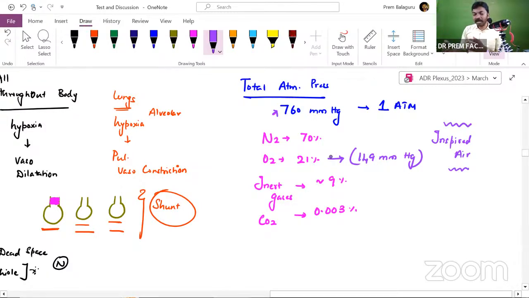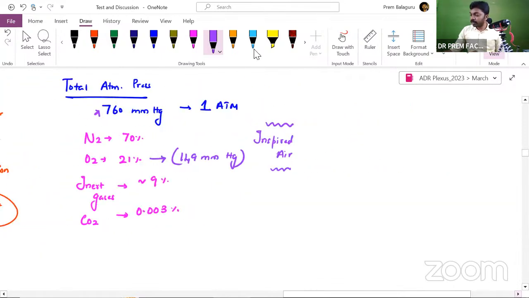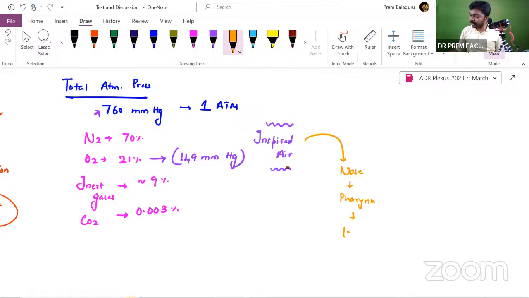Now, when we are inspiring, what happens is, when this air gets into the airways, starting from the nose all the way to the pharynx, the larynx, and airways, trachea onwards, the epithelium of the nose, pharynx, and larynx keeps on humidifying this incoming air.